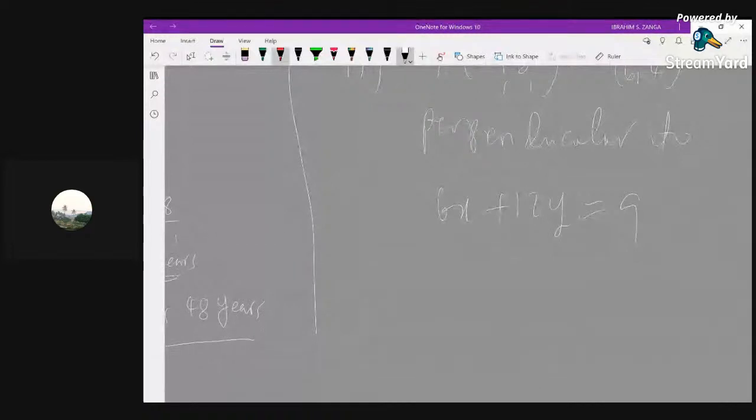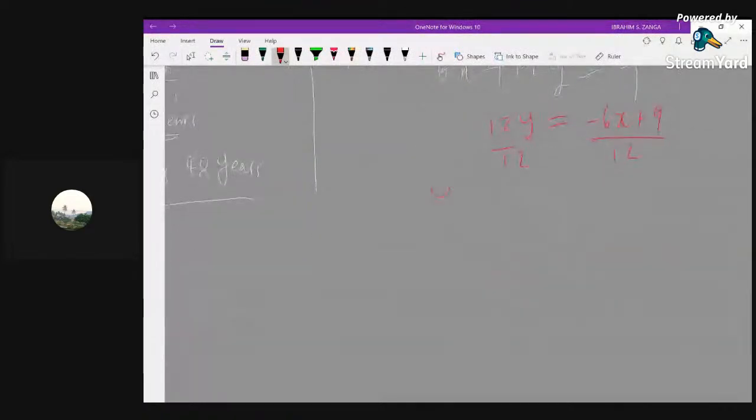So 6y equals negative 12x plus 9, divided by 6, so y equals negative 2x plus 9 over 6. So m1 equals negative 2.